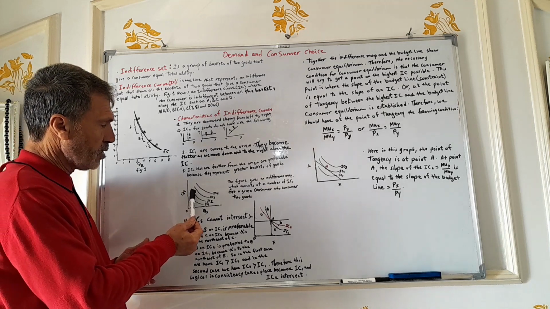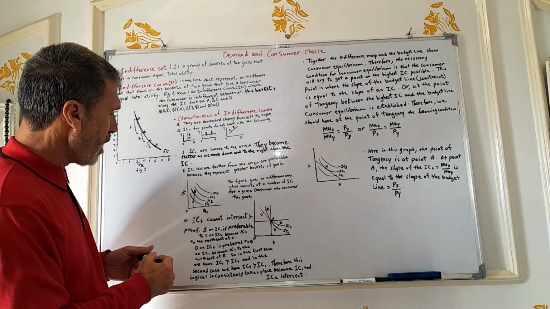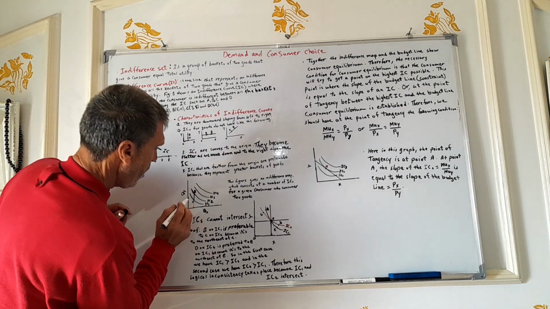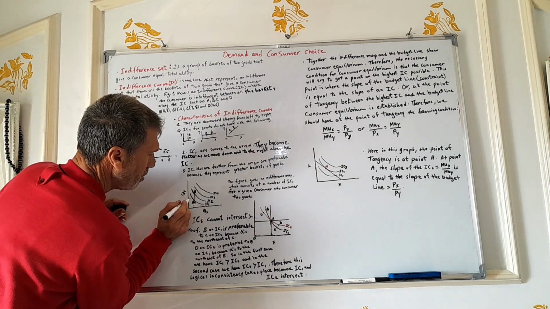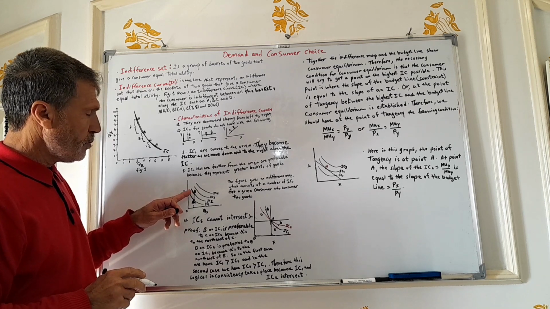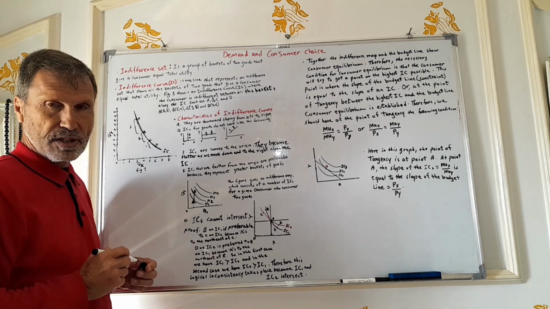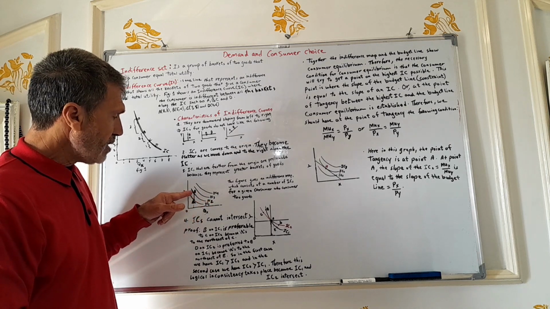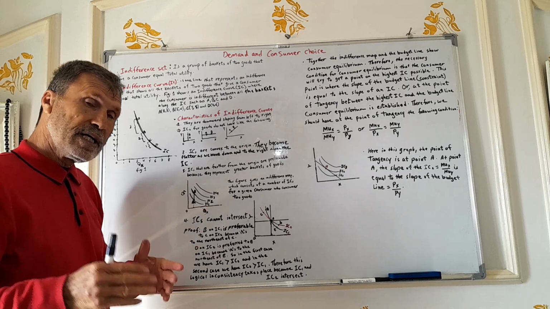If you look over here at combinations B and A, B, as you can see, has more of Y and no less of X than A. You have combination A over here, and you have B. At B, combination B has more units of Y and no less units of X than A. Therefore, B is preferable to A. And because B is located on indifference curve 2, that indifference curve, which is above IC1, is preferable to IC1.